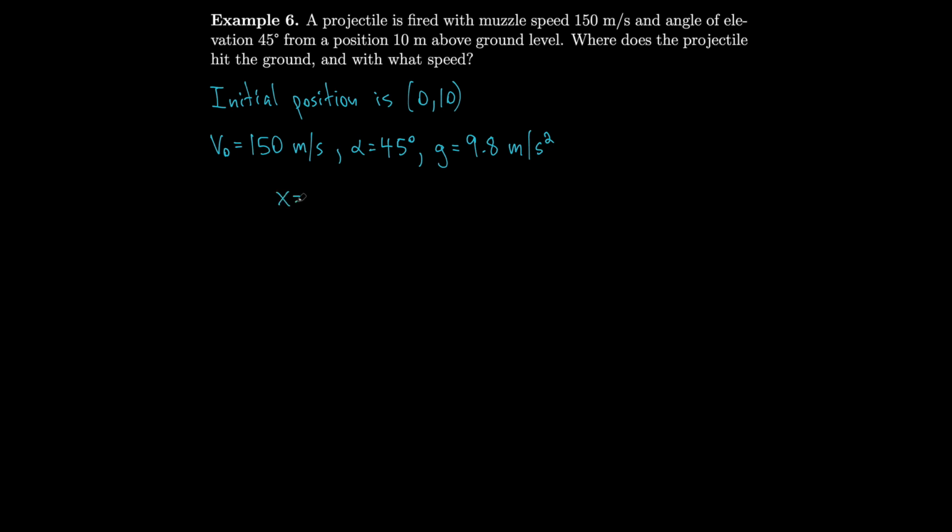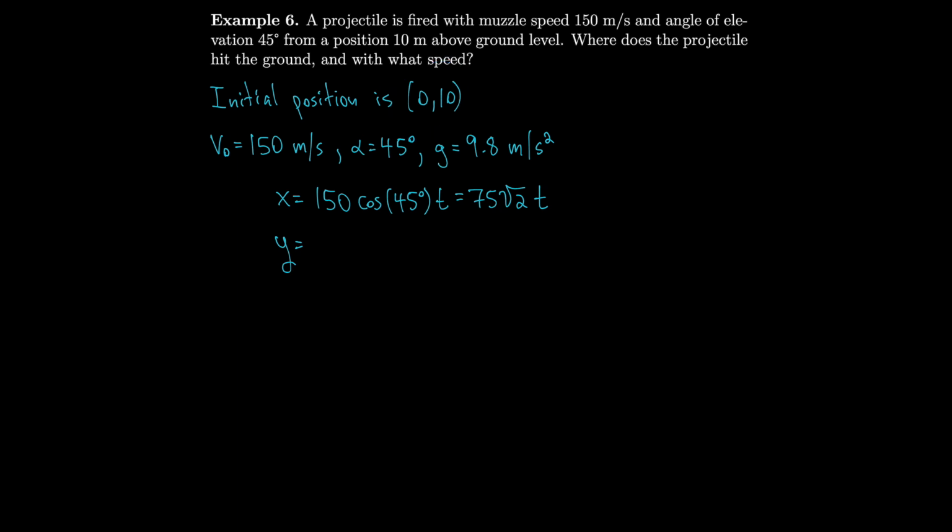So from before, we have x equals v naught cosine alpha t, so that's 150 times the cosine of 45 degrees times t, which is 75√2 t. And then for y, we have to be a little bit careful. Everything is shifted up because our initial position is (0, 10).